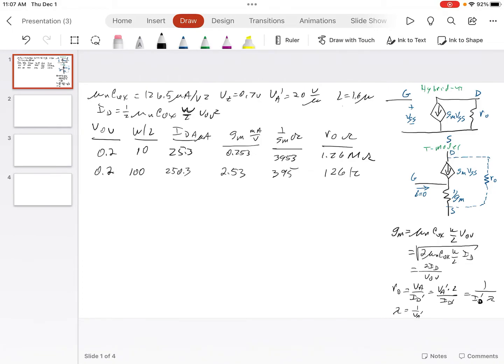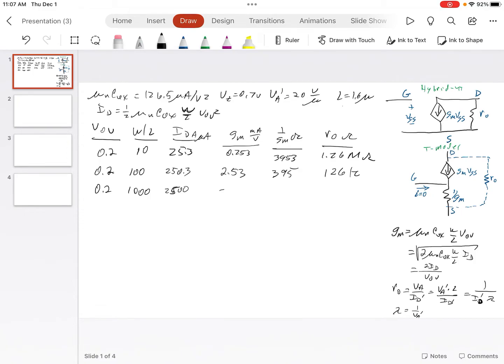All these things may be scaling by 10x, but there's some of them that start to look like a very large change. If we made it even larger, 0.2 and 1,000, it's still reasonable up to that point. So now we'd have 2,500 microamps, or 2.5 milliamps.